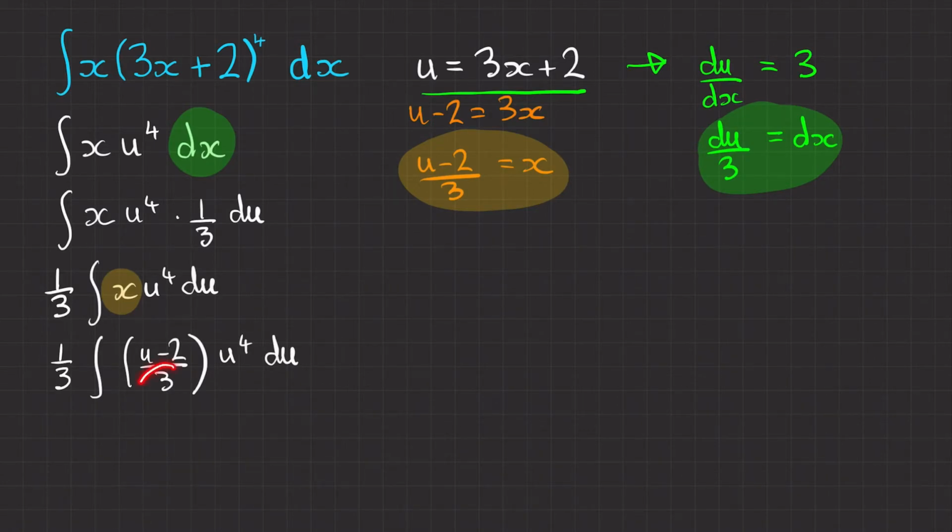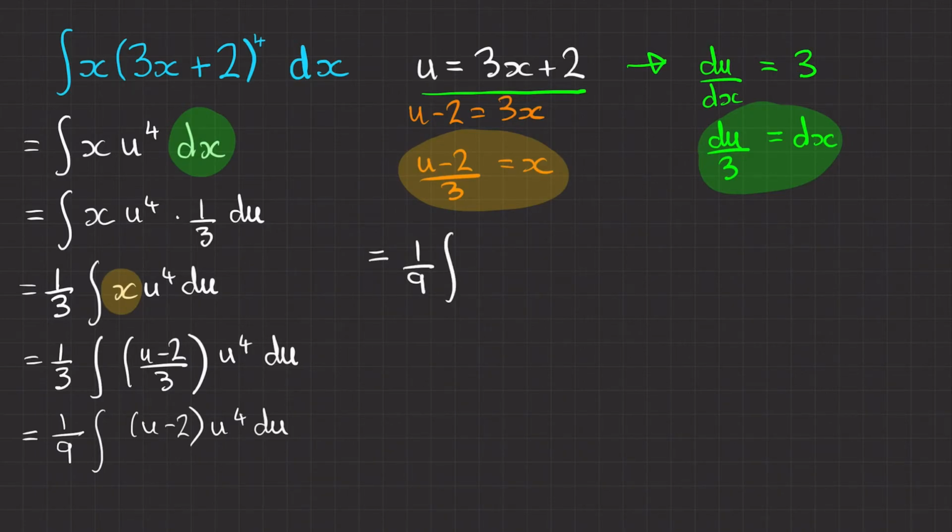Now again, we've got another constant, which is a third, which we can multiply onto the outside. So we'll have a ninth lots of the integral u minus 2 multiplied by u to the 4, all with respect to u. Tidying this up again, I'm going to multiply this out. So we'll have a ninth lots of the integral u to the 5 minus 2u to the 4 with respect to u.